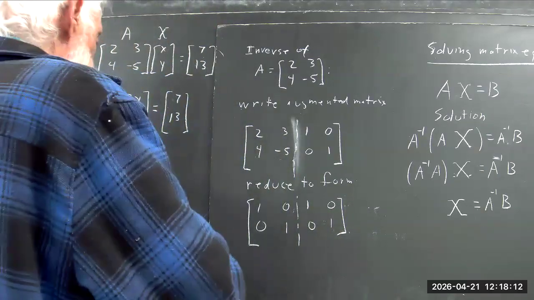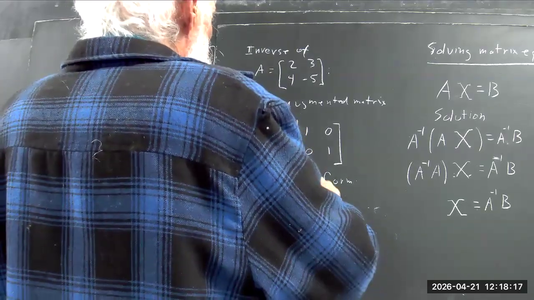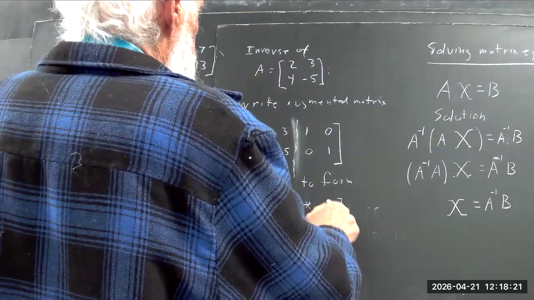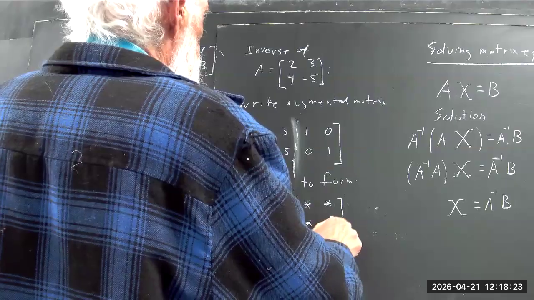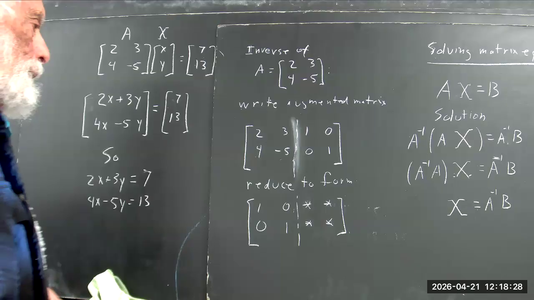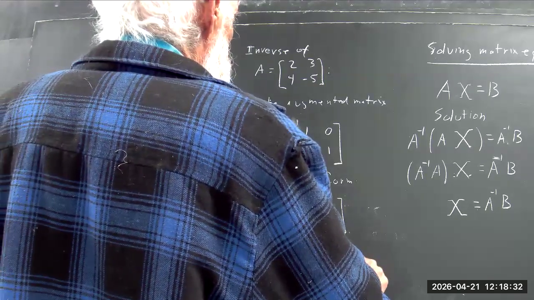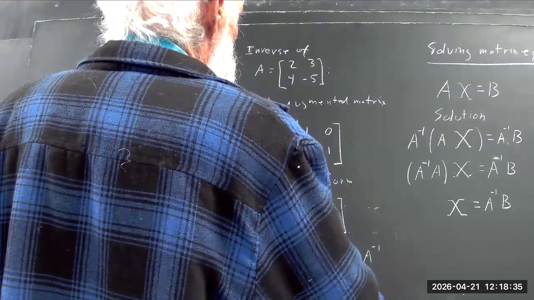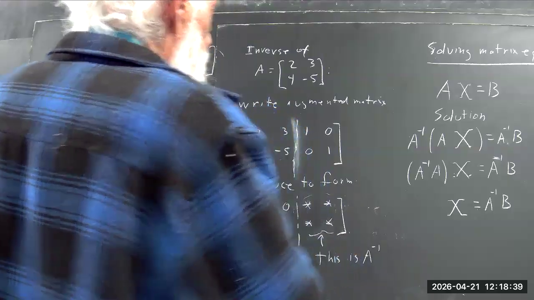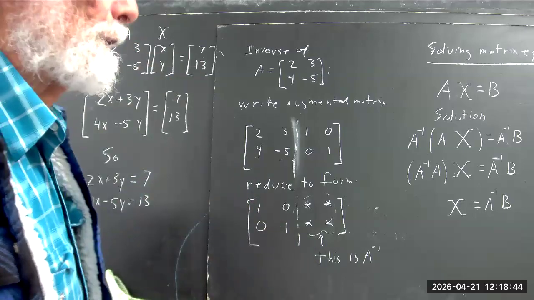I'll just use asterisks because you don't know what numbers you're going to end up with here until you do it. This matrix that you get on the right-hand side of the augmented matrix is A inverse.